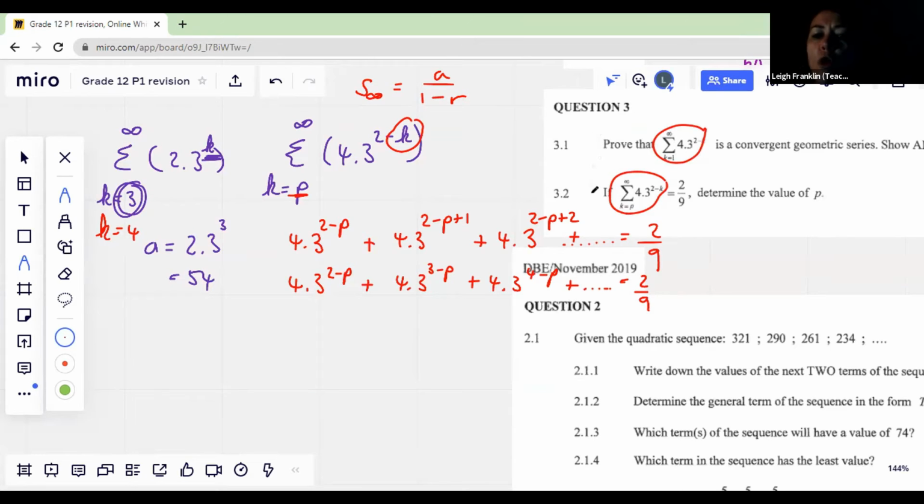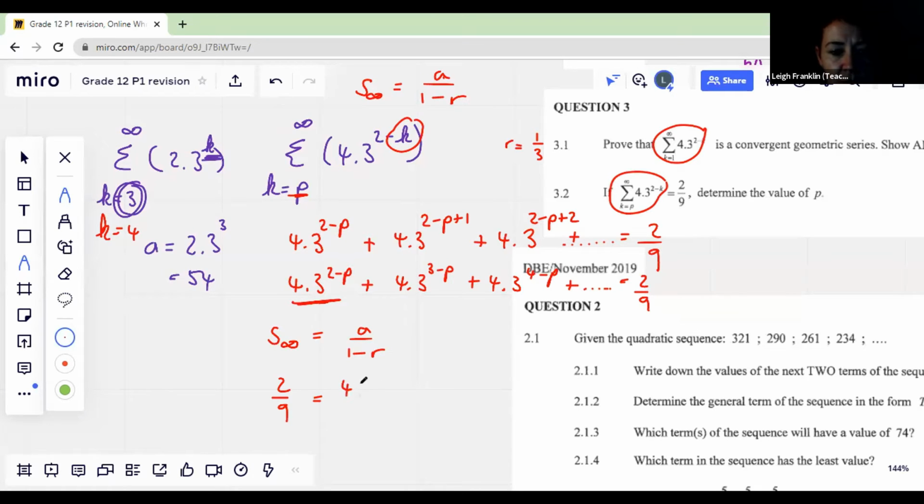We already know what the value of r is. Remember, in 3.1, we worked out that r was equal to 1 over 3. So when we sub into sum to infinity, we need r and we need a. We've got a. There's a over there. So subbing into your sum to infinity formula, sum to infinity is 2 over 9.